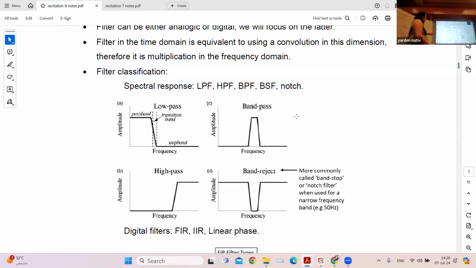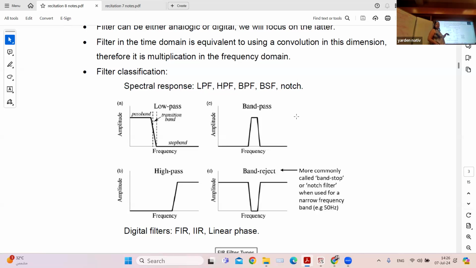So when I multiply this filter by the power spectrum, it will leave me only the pass band, erase the stop band, and in between it will decrease the other frequencies. The transition. Exactly.